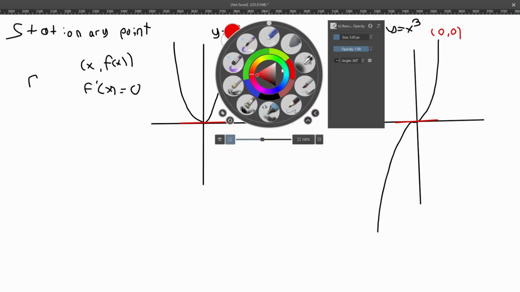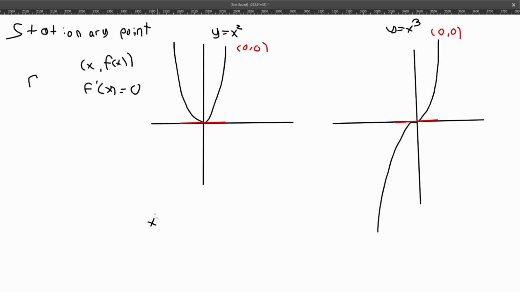Now if it was a different function, for example x squared plus 5x minus 2, to calculate the stationary point, we need to get the derivative, which would be 2x plus 5, and we need to set this equal to 0, which gets us the x value of -5 halves. And we need to put this x value into our function, and that will give us our stationary point.